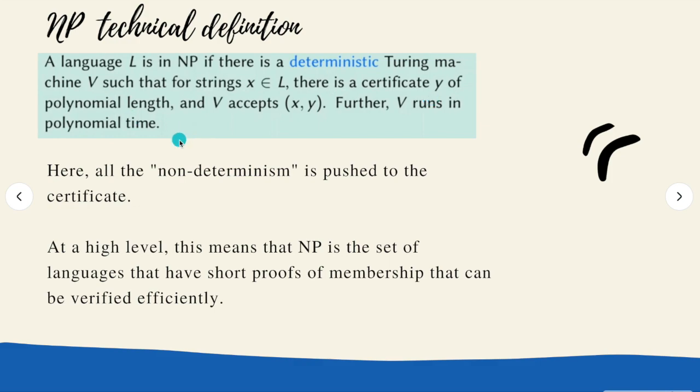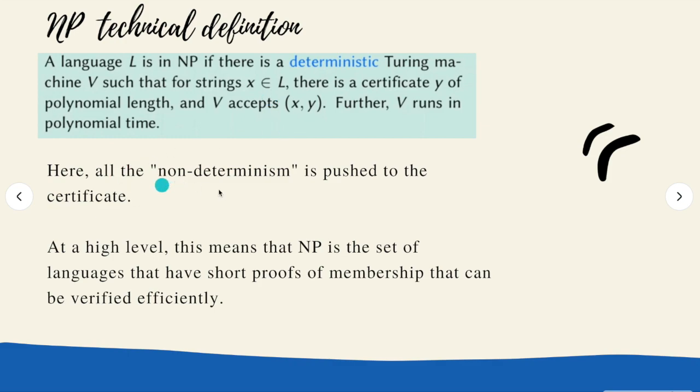That is the technical definition of NP, and it's slightly not intuitive at first glance, but it's very useful when you have to prove a problem is in NP. What you basically do is you try to get a certificate, and you just use this definition and prove that the given problem is in NP.